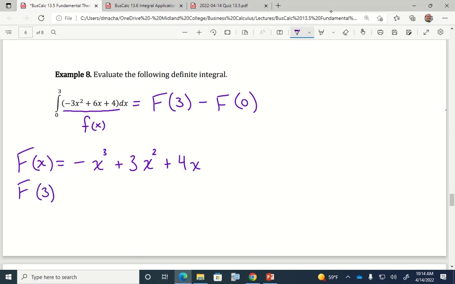So whenever I plug in 3 for x, I get negative 3 cubed, and what is 3 cubed? 27. Thank you. Negative 27. Plus 3 times 3 squared, which is 27. Awesome. Plus 4 times 3, which is 12, so this is just 12.